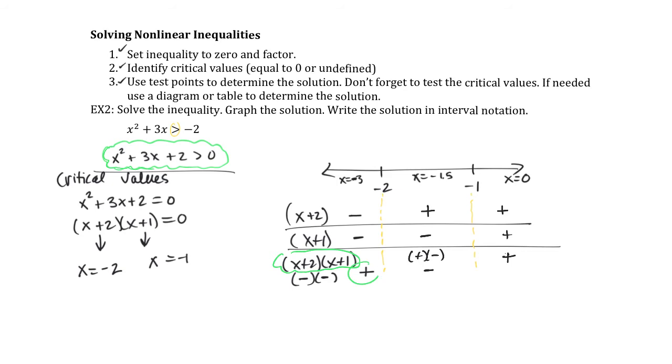Well, it happens twice: this section is positive, and this section is positive. Because it's just greater than, with no equal, I'm not going to include the critical values of -2 and -1. So my interval goes from -infinity to -2, or I skip over to -1 towards positive infinity.